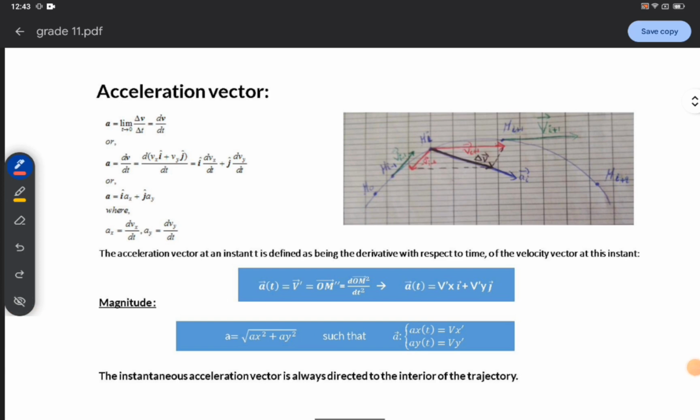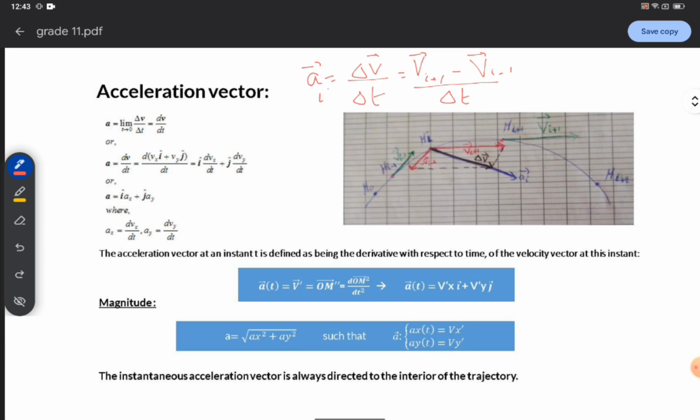Acceleration vector. A vector is equal to delta v over delta t. It's equal to, if ai at any position i, it's equal to vi plus 1 minus vi minus 1 over delta t. So by representation, let this point be Mi, this point Mi plus 1, and this Mi minus 1.